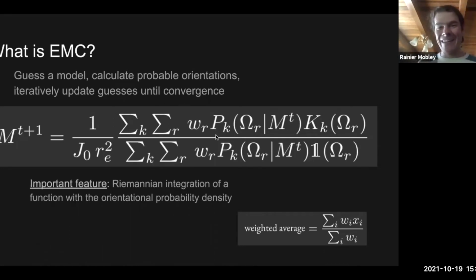And then the PK here is the probability, determined from the Kth diffraction pattern, of some orientation given our parameters for this probability distribution, which is going to be just a whole bunch of Poissonian probabilities multiplied together.